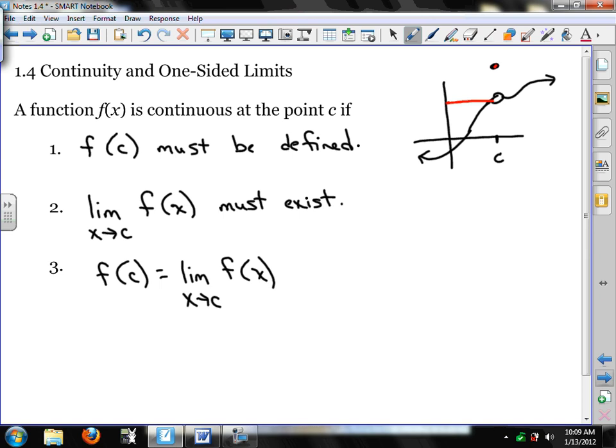But those 2 things are not equal to each other, so I still do not have a continuous function. Basically, in order to have a continuous function, that y value needs to be equal to the limit, which is still in that hole, so that I do have a continuous function that passes through that point x equals c. So we have to have a defined point, the limit must exist, and those 2 things need to be equal to each other.